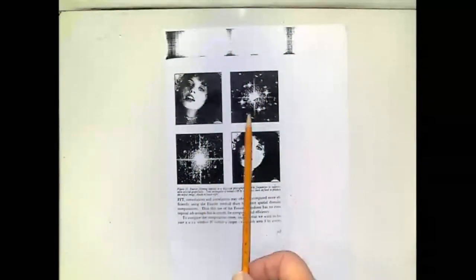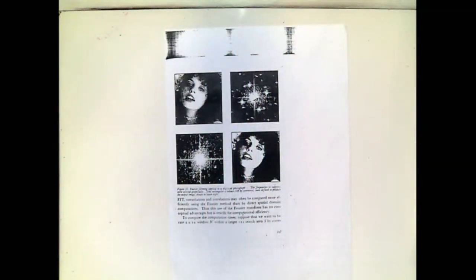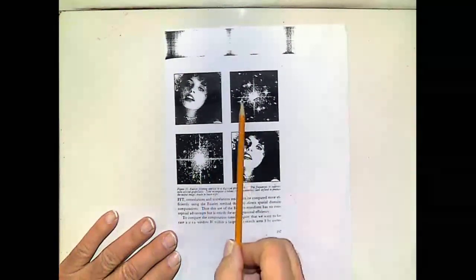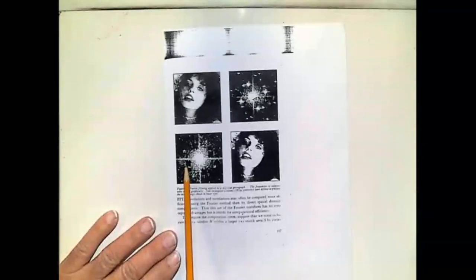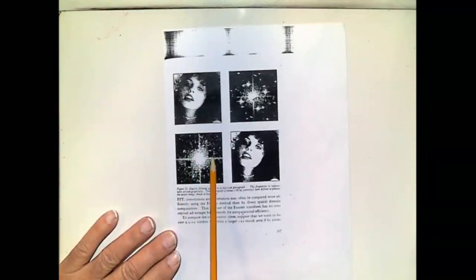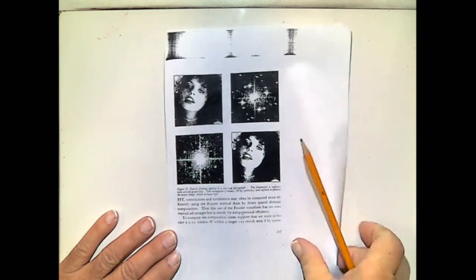And if you get into the Fourier domain, you can play around with this. If you look very carefully, you'll see on this image, certain areas which correspond to these four features have been blacked out. There's a black window there, there, there, and there. Can you see those?